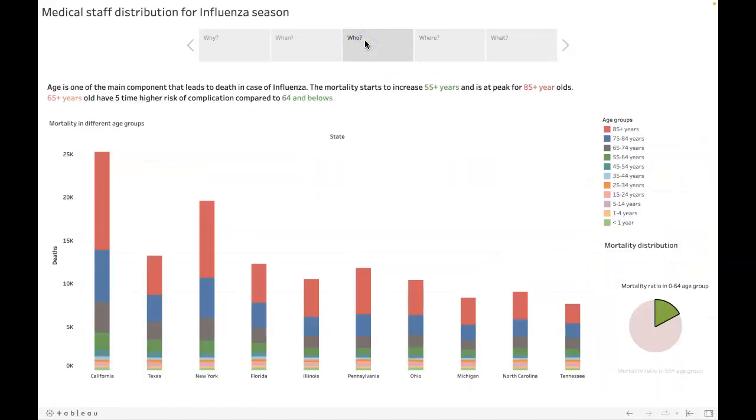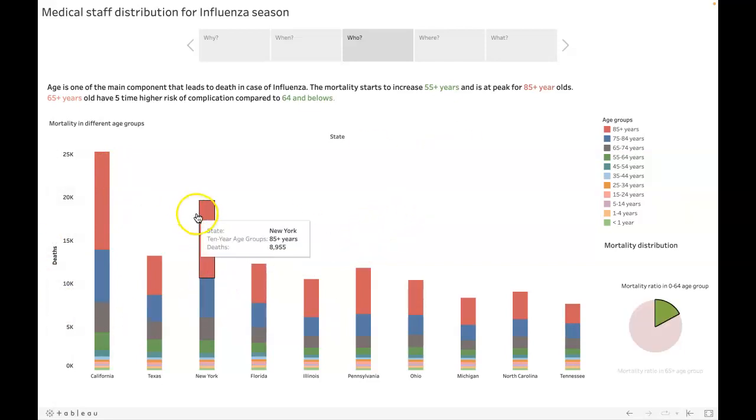Who are the most vulnerable populations? We have considered the top 10 highly populated states in the US and considered the death counts in age groups. As you can see, the death count increases from the age of 55 onwards, and it peaks for the age beyond 85.